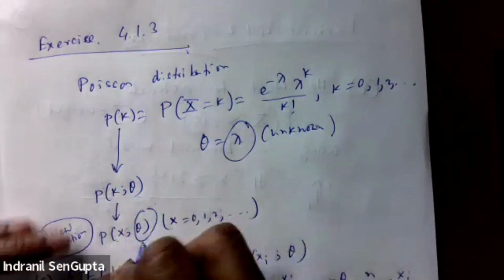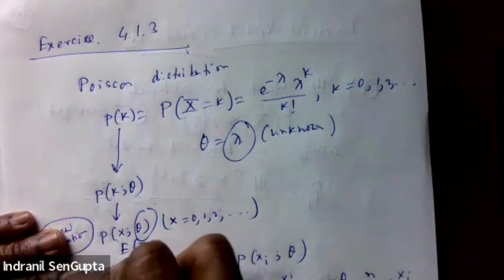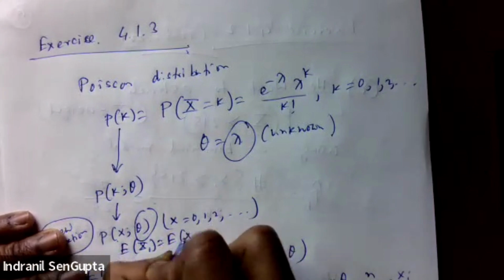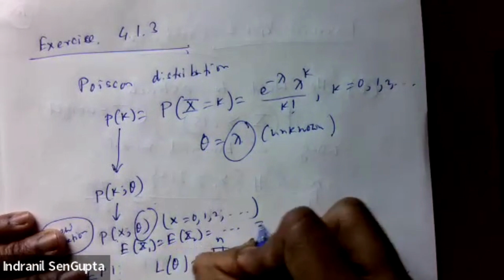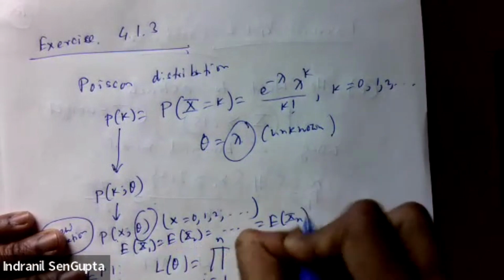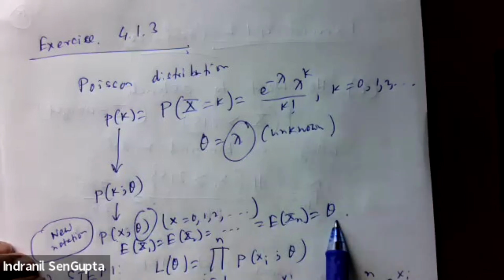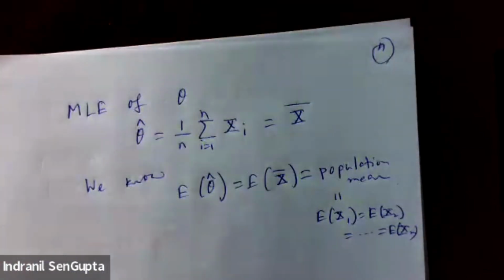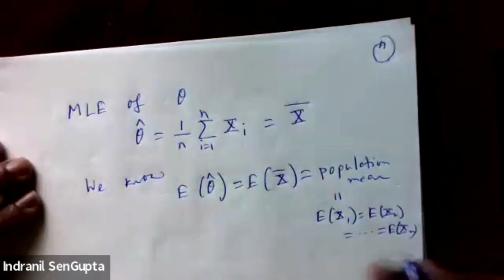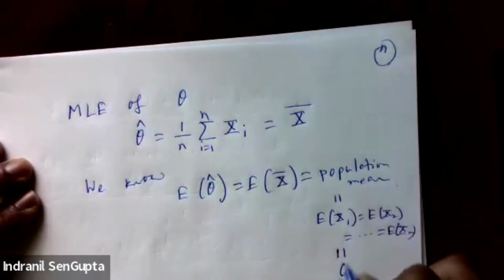So that means E of X1 equals E of X2, all the way to E of Xn, equals theta. Remember that the parameter value is the same as the mean of a Poisson random variable. So that means this is equal to theta.